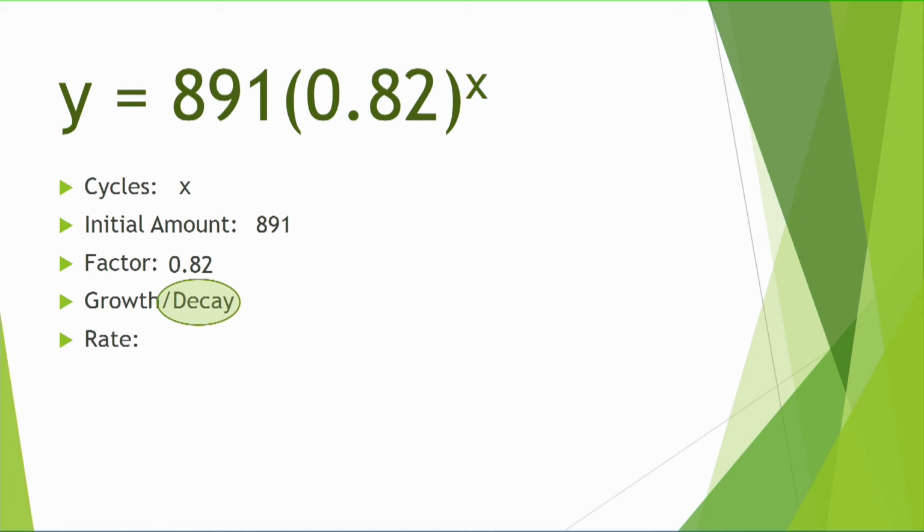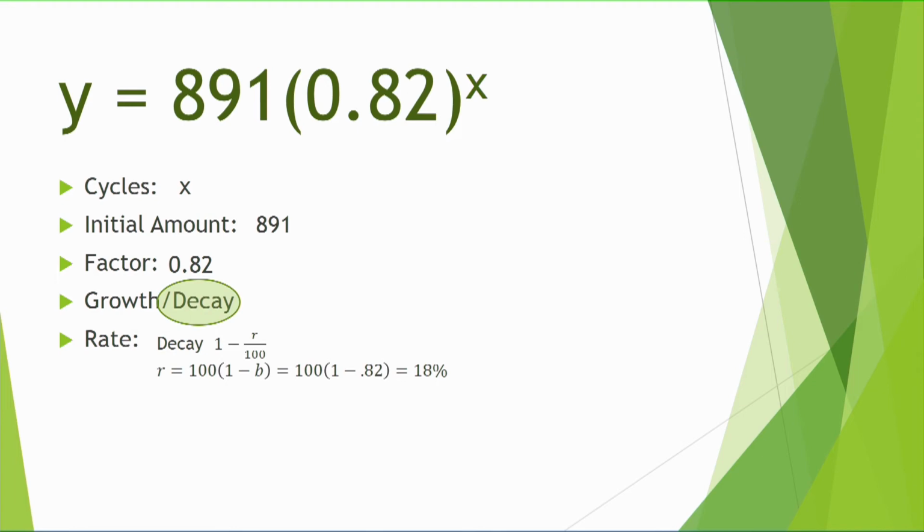When we're doing a decay, it's going to be a little bit different than our growth. So for decay, we have 1 minus r over 100. And I rearranged it, and it ends up being 1 minus our base. All right, so we take 1 minus 0.82, we get 0.18, times 100 would give us our 18%. Now this goes with the decay part, so that's why it's a minus 18%. Okay?